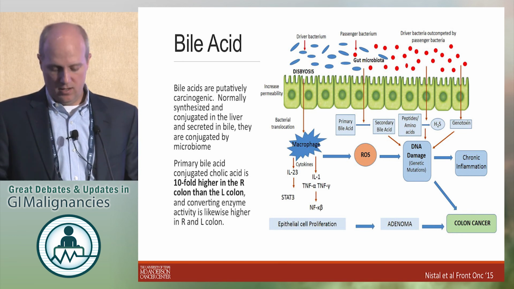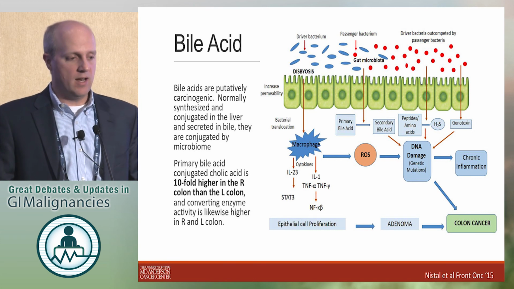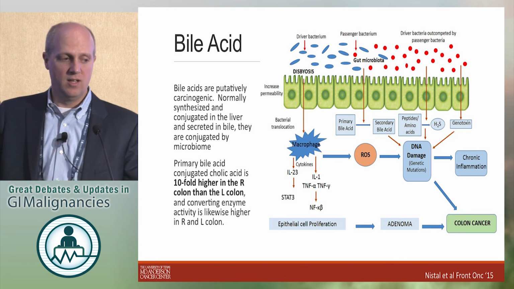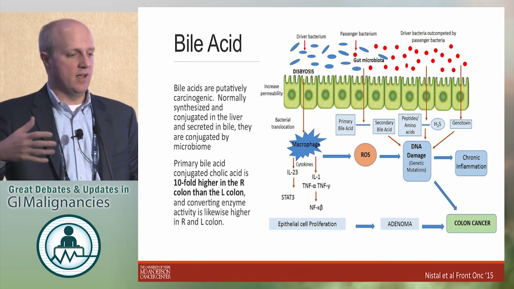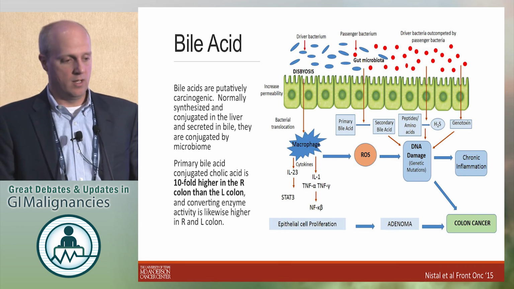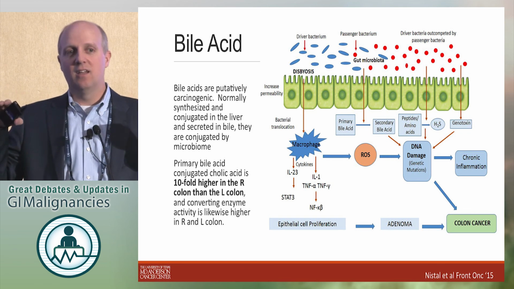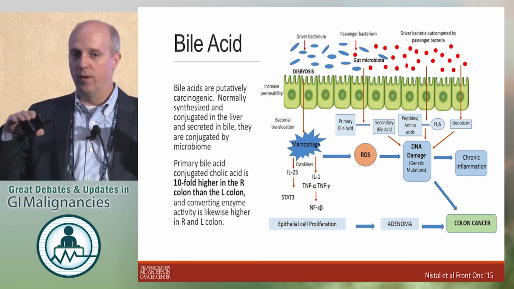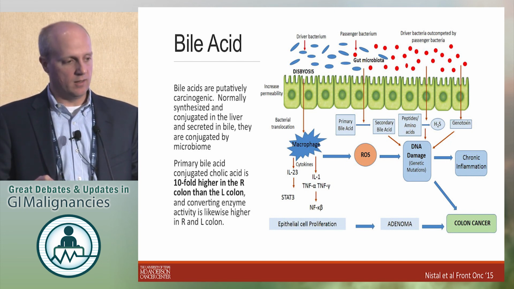The secondary bile acids are the ones that generate reactive oxygen species after they've been conjugated by the bacteria, which can then cause DNA damage and at least potentially lead to colon cancer. So there's this link, and this is just one of several links between what the microbiome is doing and what may be happening at the level of the colon epithelium.